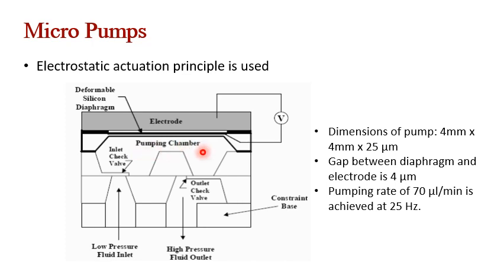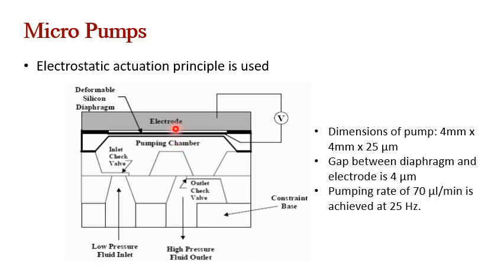That increase in the volume of the pumping chamber will reduce the pressure inside the chamber. This reduction of pressure will cause the inlet check valve to open, thus allowing the fluid to enter into the pumping chamber. Now when you remove this externally applied voltage, the diaphragm will return to its initial position.